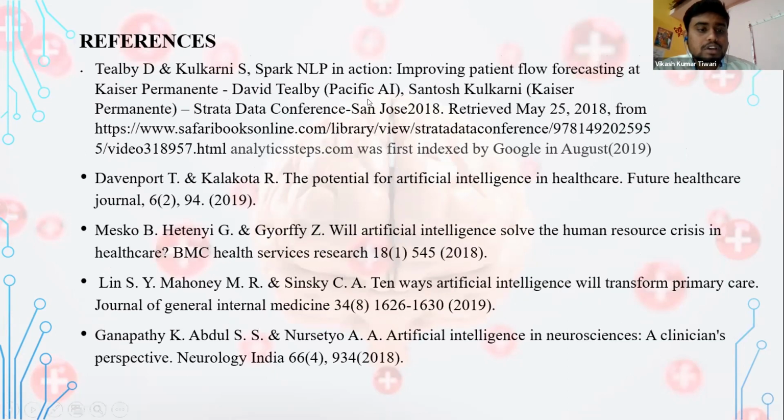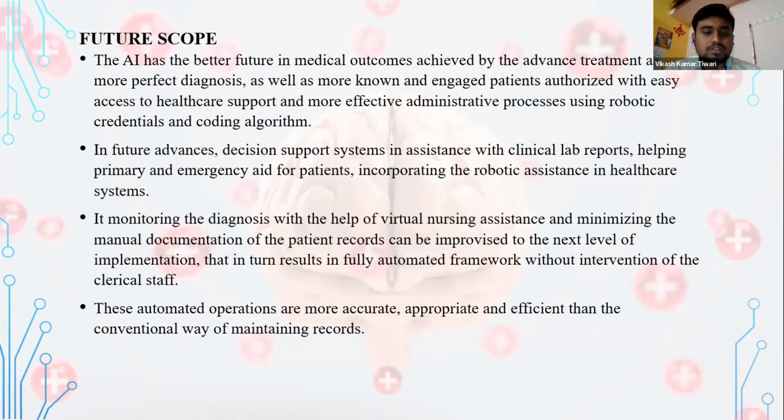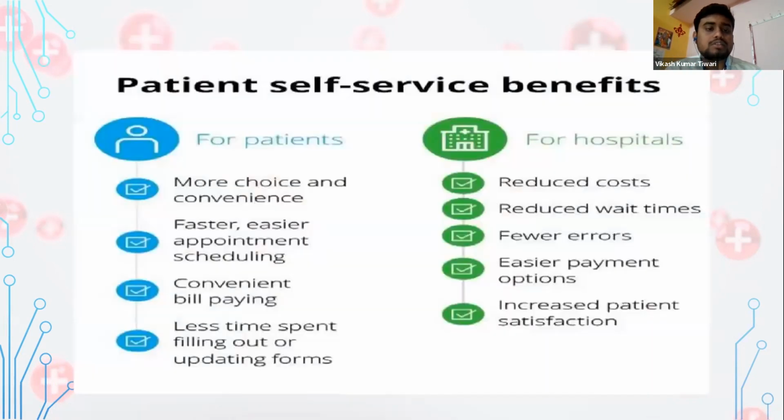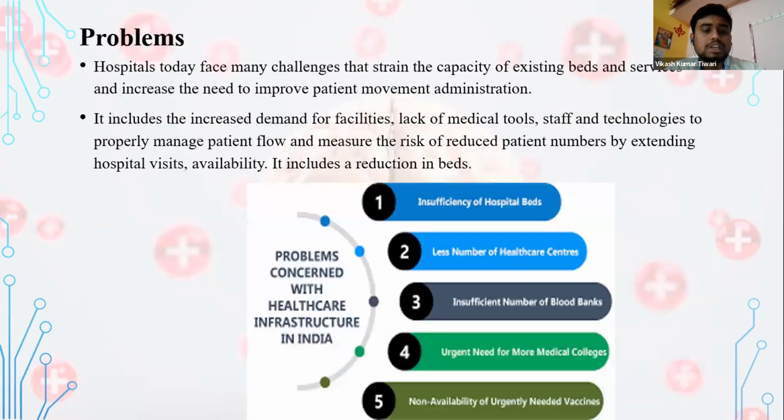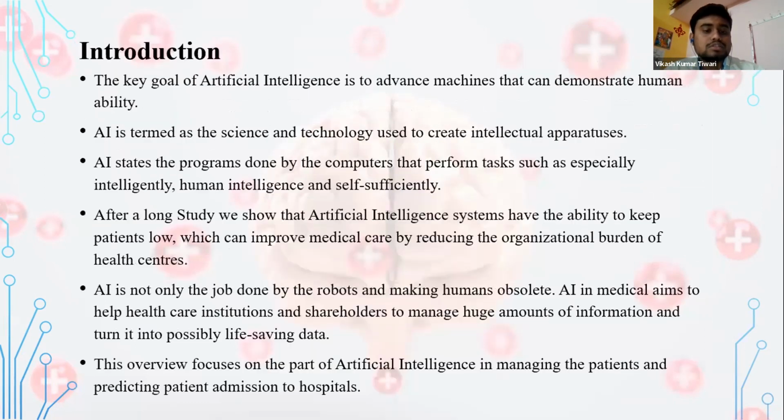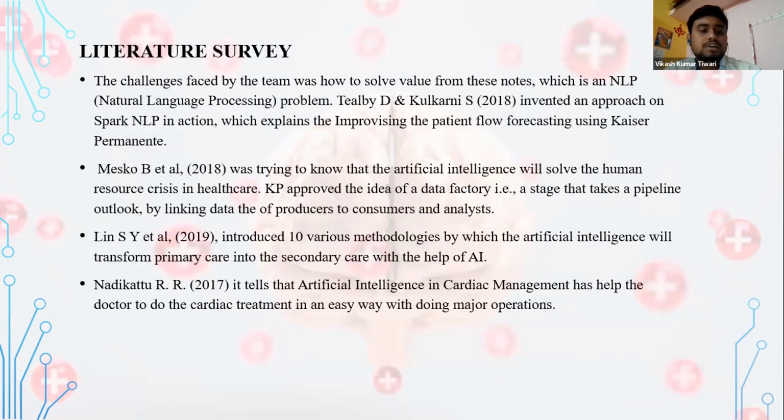Finally, these are some of the references I have used. In the literature survey I have also used some books and quotations, such as artificial intelligence and how to solve the resource crisis of healthcare.